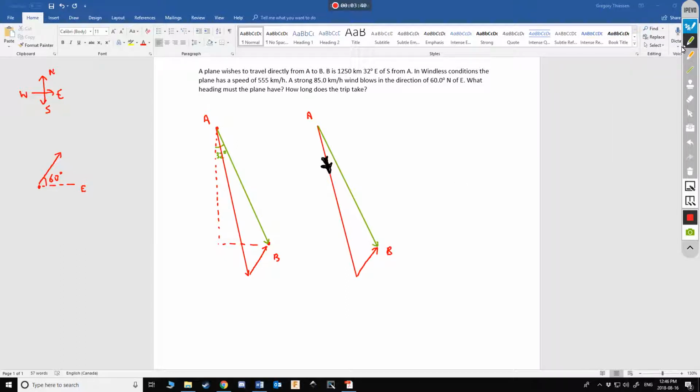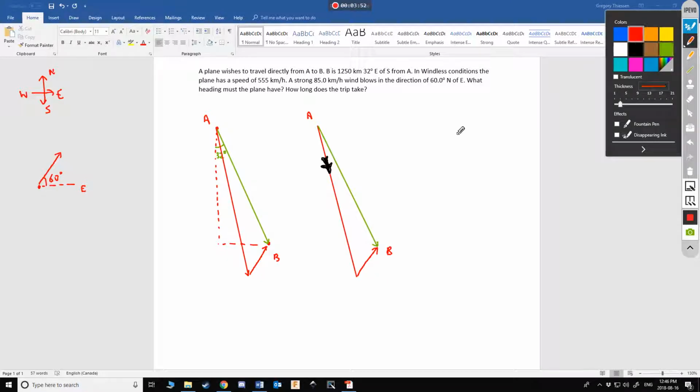Alright, let's solve this problem. So let's see, fill in as many values as we can. So the plane has a speed of 555. So whatever direction the plane is facing, that vector is 555 kilometers. So this vector right here, this is going to be our 555 kilometers per hour.